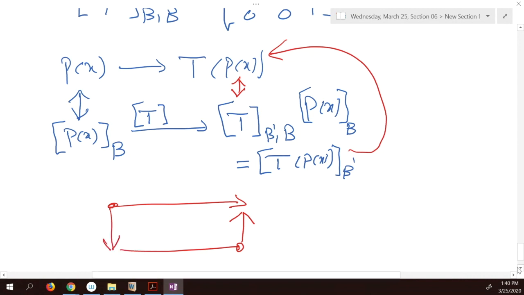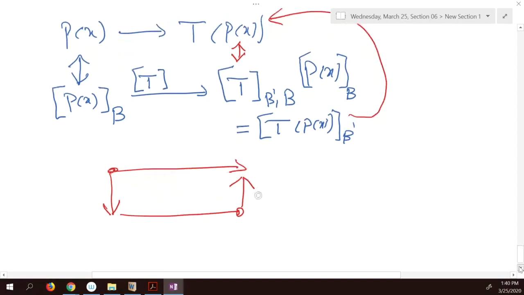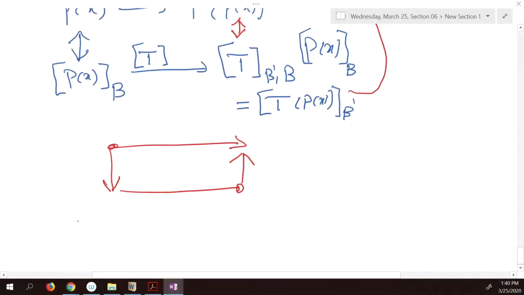I have 3 minutes. Let me clarify this by an example. Okay? Take your Px to be any polynomial you want. Can any of you give me a polynomial here? Whatever polynomial in P2, take anyone.